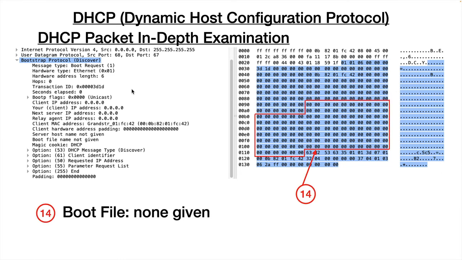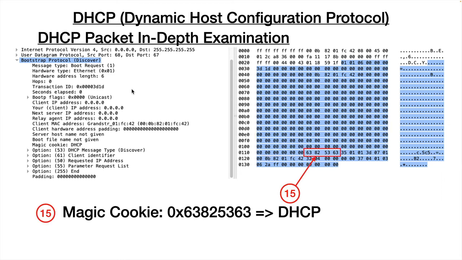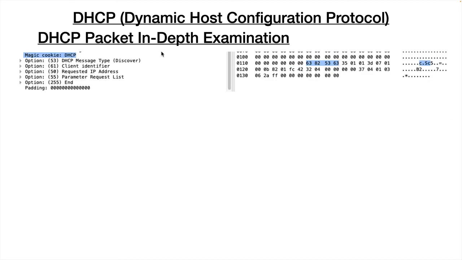This is the boot file. None was requested, so it's all set to 0s. Here's the magic cookie that we talked about. That means the value specified means DHCP.